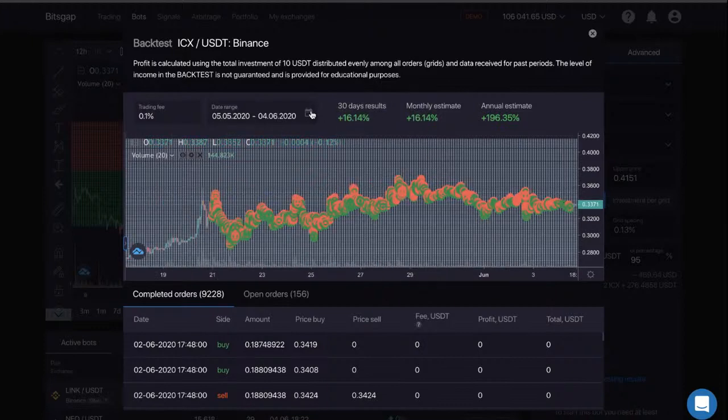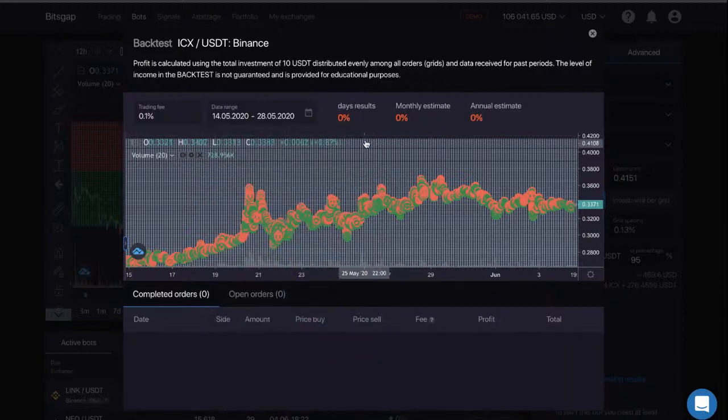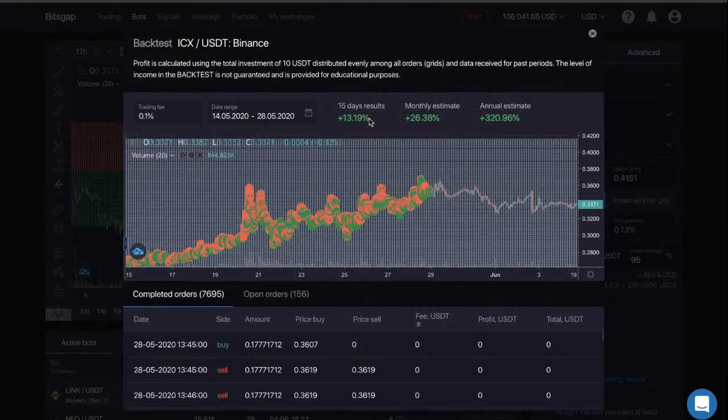We can also choose another period. Let's say we are interested in the period from the 14th till the 28th of May. So in this case, what was the return? So it was 13% for 15 days.